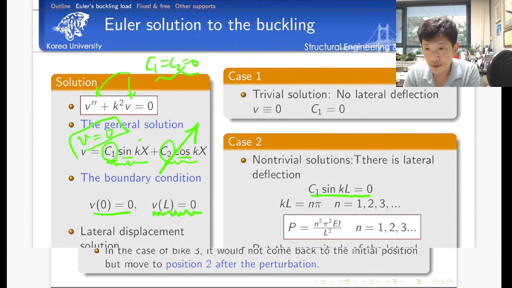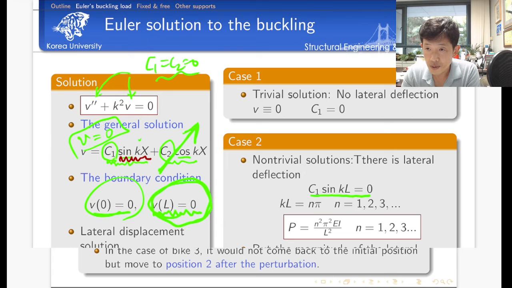But if we have a non-trivial solution, how do we achieve it? Here we already know that C2 should be equal to 0 to satisfy the first boundary condition. Then how do we satisfy the second boundary condition with a non-trivial solution? Instead of C1 equal to 0, the sine part should be equal to 0. Then we can obtain the non-trivial solution.